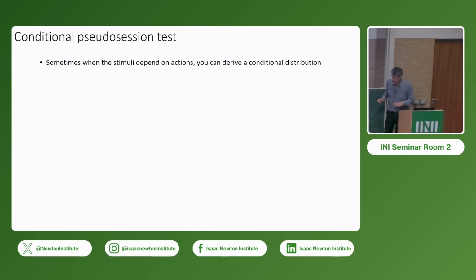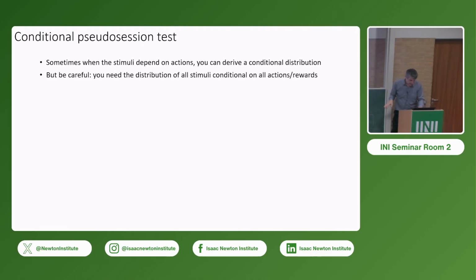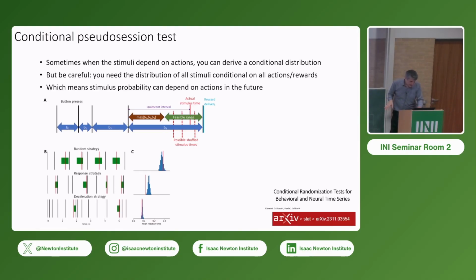So sometimes when the stimuli depend on actions, you can derive a conditional distribution. An example of this is this particular experiment. I won't go into the details. Imagine it was a human and a light comes on and you need to press a button, right?